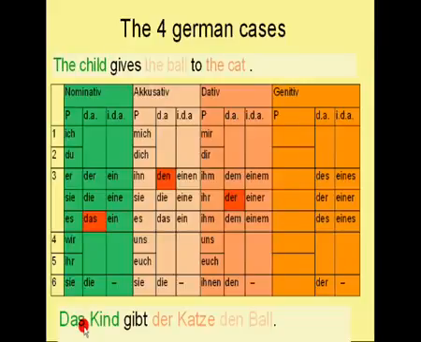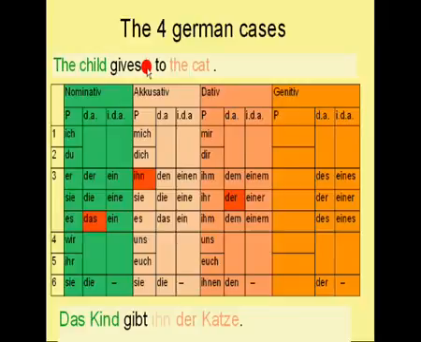Das Kind gibt der Katze den Ball. Subject, dative, accusative, right? And now, if we replace the ball with the accusative pronoun, the ball is masculine, we have to take this one, ihn, because this is the pronoun for masculine nouns in the accusative case. Then in English, it's still the same word order.